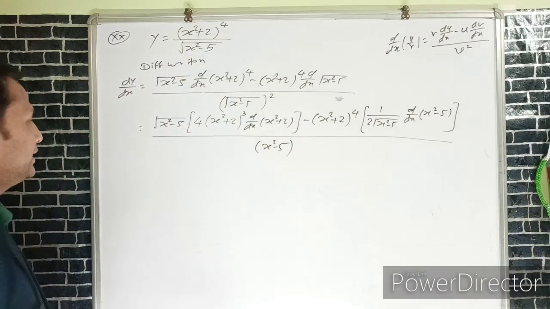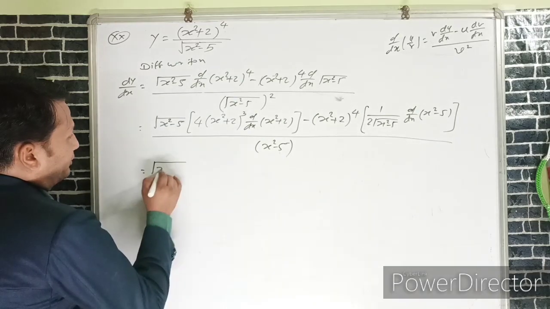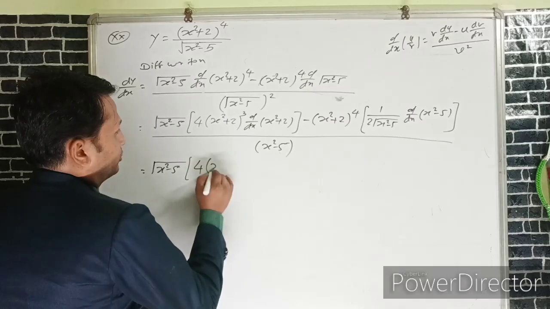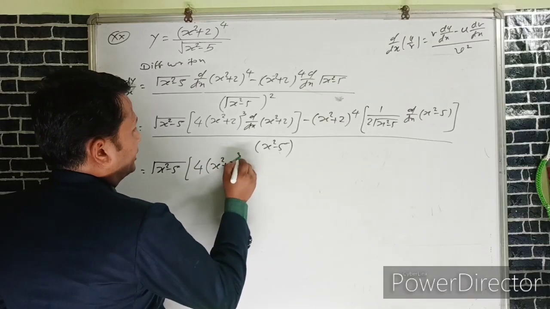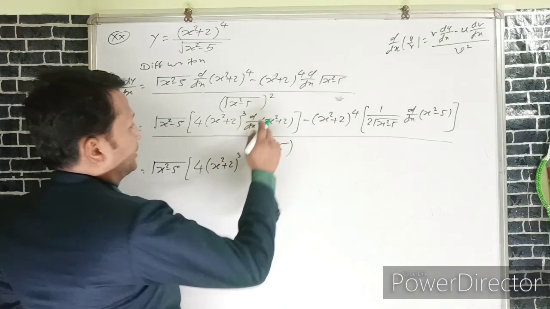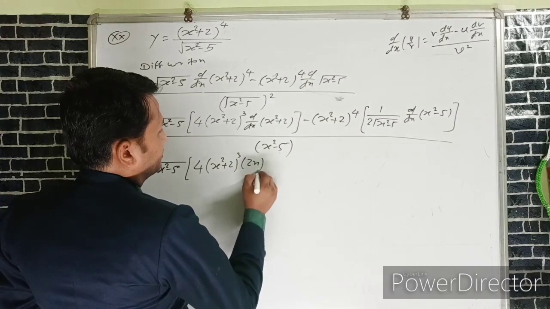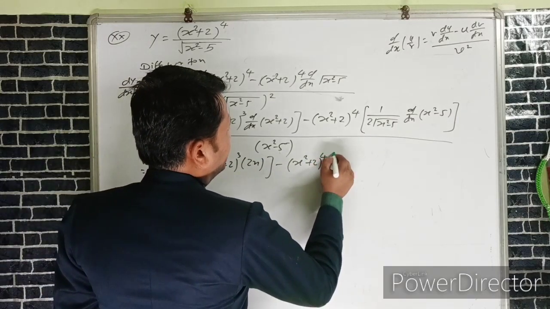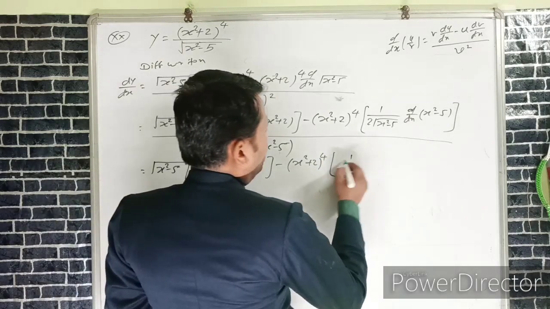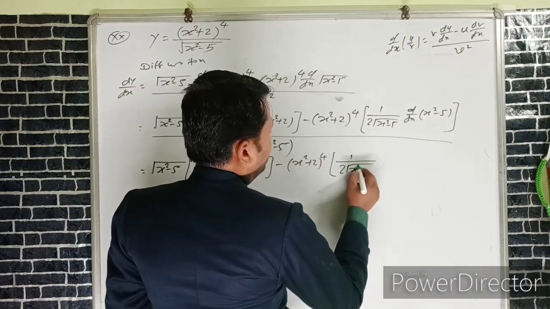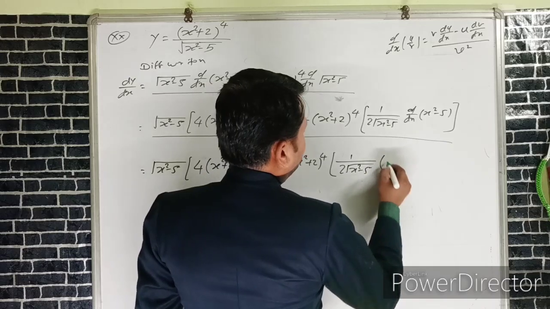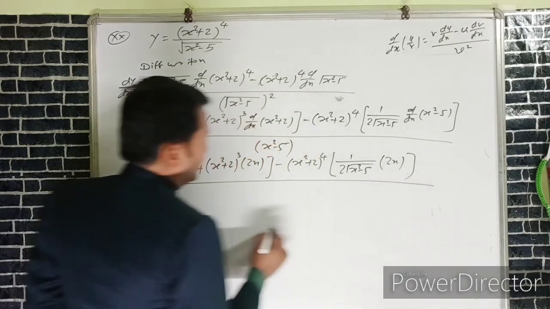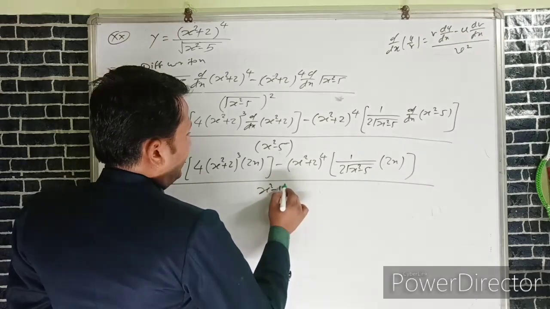After that, we can write under root of x square minus 5 as it is, 4 into x square plus 2 whole bracket cube as it is, the derivative of x square is 2x, minus x square plus 2 whole raised to the power 4 as it is, 1 upon 2 under root of x square minus 5 as it is, and the derivative of x square is 2x upon x square minus 5 as it is.